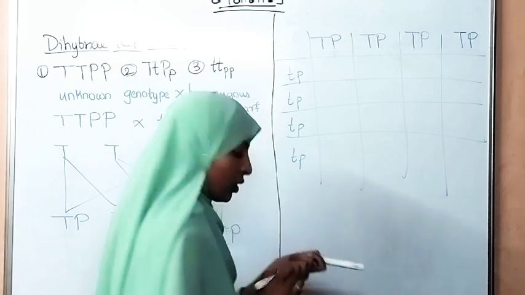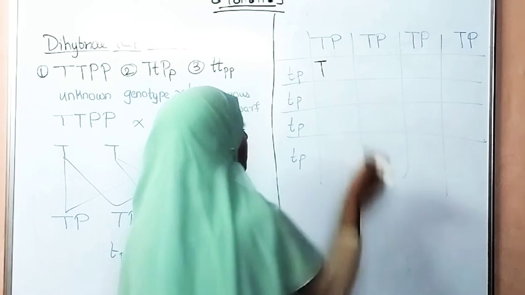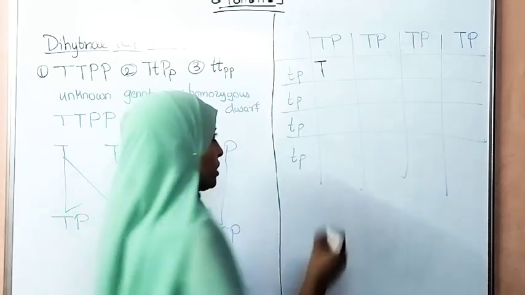Now, if we cross this, what do we get? A heterozygous tall plant with purple flower, capital T, small p.